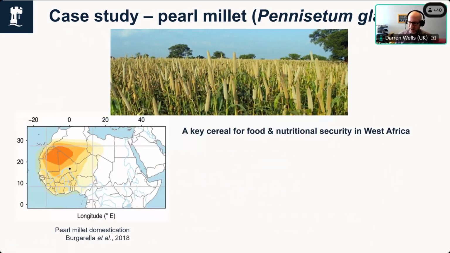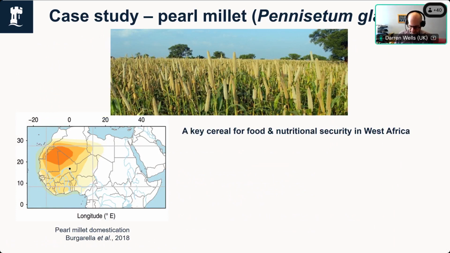It was domesticated about 4,500 years ago. This is a map of the domestication of pearl millet. Senegal, you can see, is right on the coast there, sticking out. It's a little thing that looks like a face. And that whole area where it was domesticated is the area where it's heavily grown now.